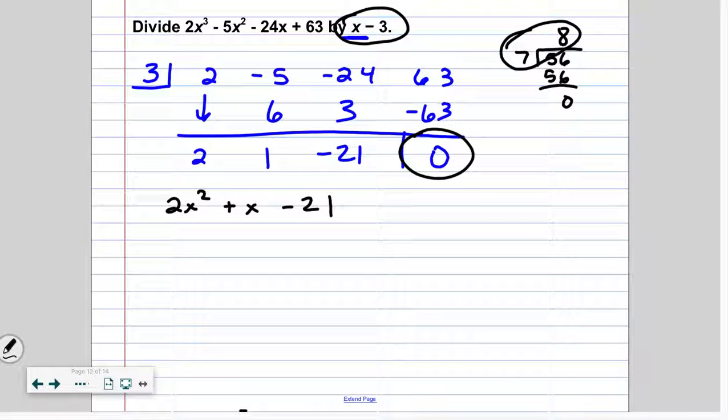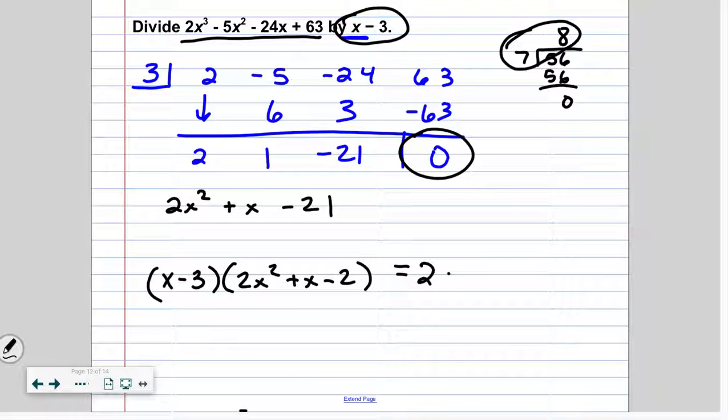So really what that means is we could take x minus 3 times 2x squared plus x minus 21, and we'd equal out to our original problem, 2x cubed minus 5x squared minus 24x plus 63. So this factors, so x minus 3 is a factor since the remainder is 0. That's called the remainder theorem.